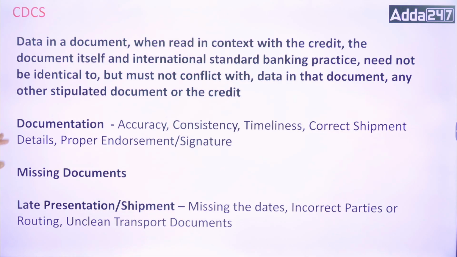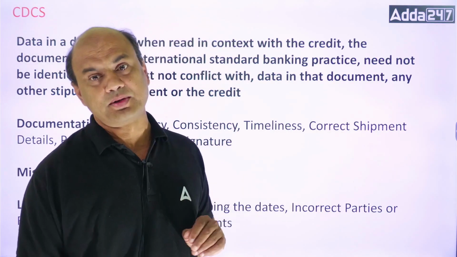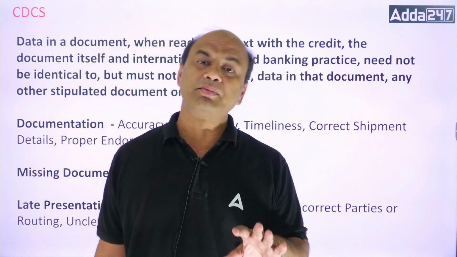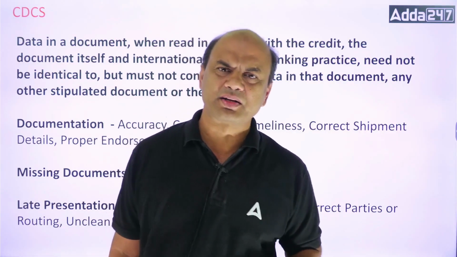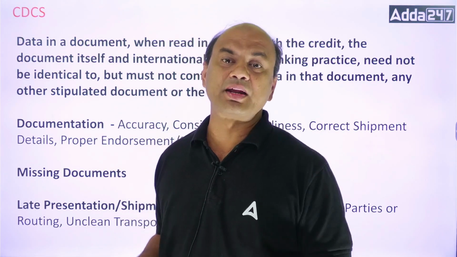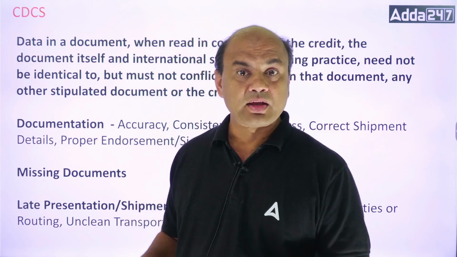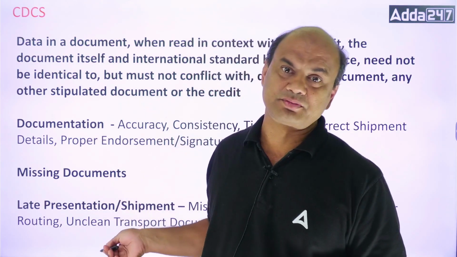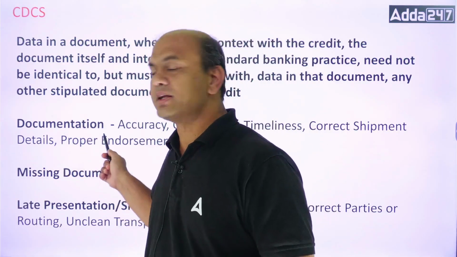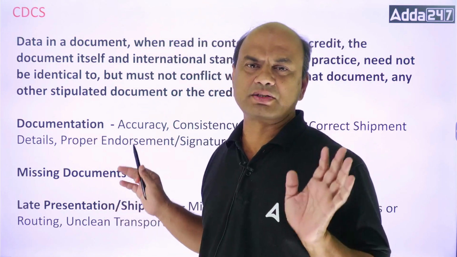If your documentation is proper, if the dates are maintained properly, then the payment will be given immediately. These are the rules: within five banking days, if it is sight, you have to release or give the acceptance. If these conditions are followed, documentation is the main part. LC is everything about documentation.